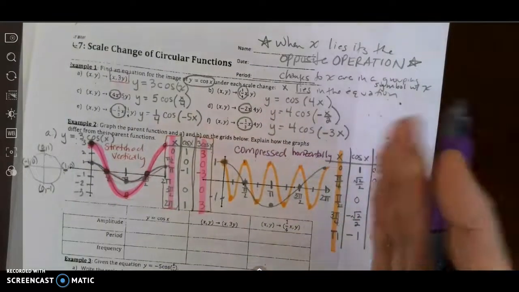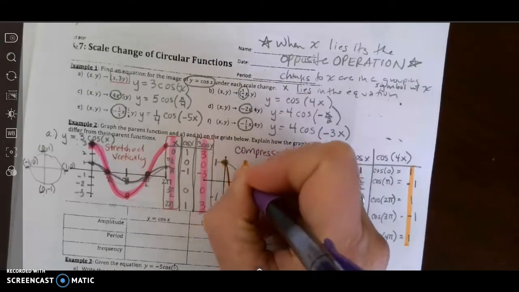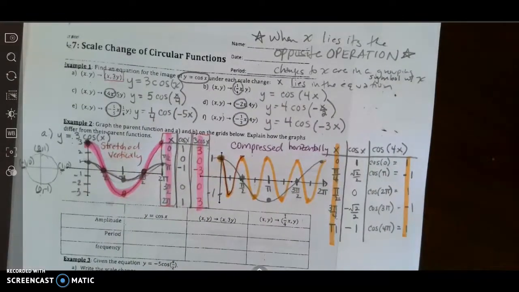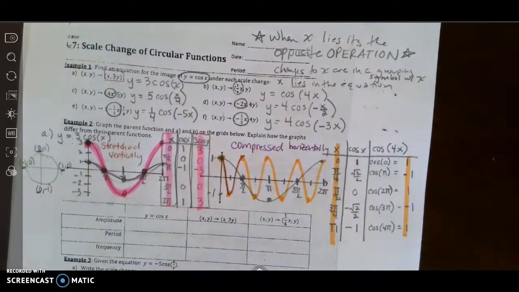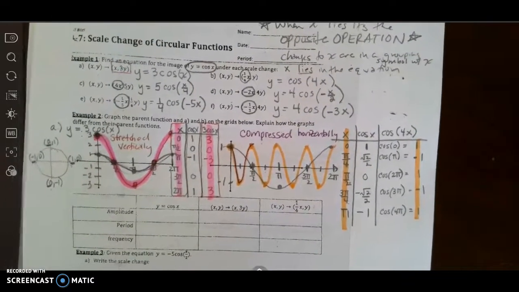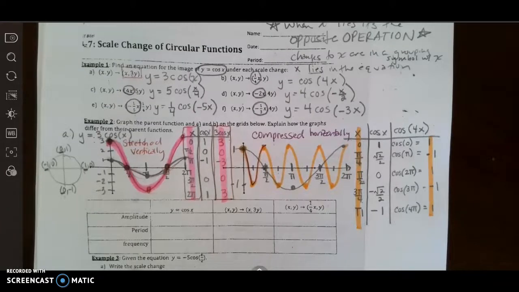So I have technically compressed it, because look, I get 1 full cosine curve in that little space as opposed to needing this entire curve to do so. So I have compressed horizontally. Right. So let's go through and talk about amplitude and period and frequency.